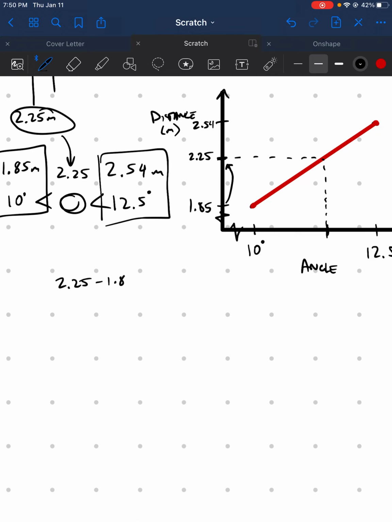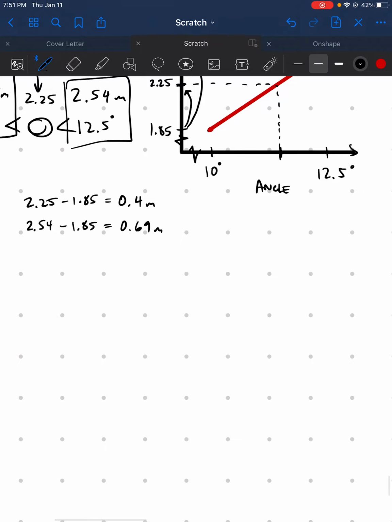So 2.25 minus 1.85 is 0.4 meters. And this whole jump, 2.54 minus 1.85, is 0.69 meters. If I do arithmetic wrong, please just do it right yourself.